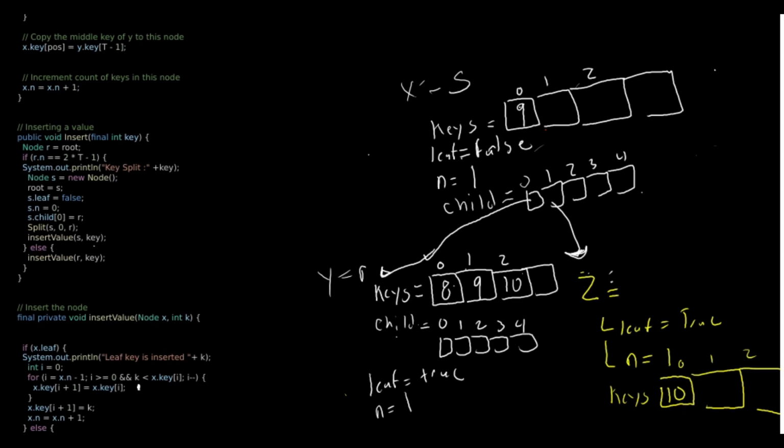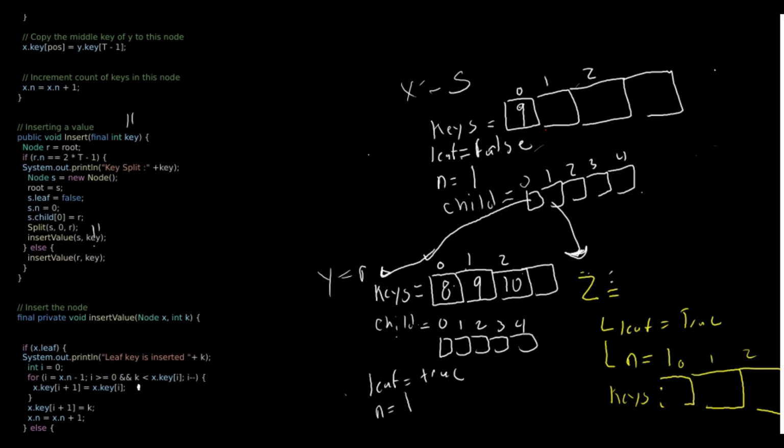Just want to be clear, when we're inserting 11, we forgot one thing. All right, we've finished the split now, right? So we could now insert, we're inserting 11 before, right? So now we're going to insert 11 into here.